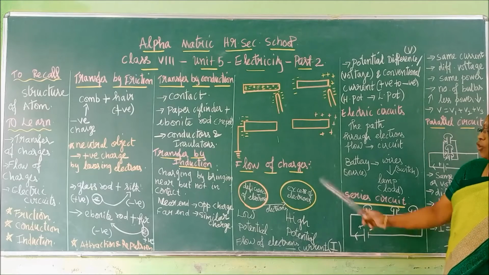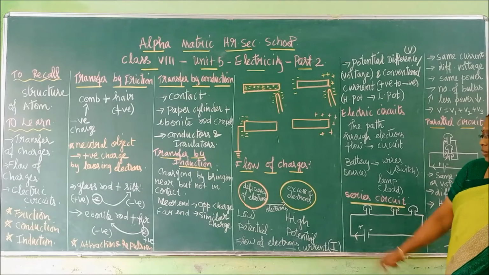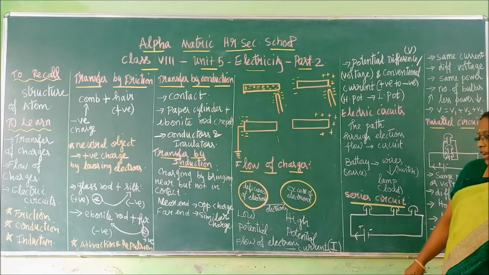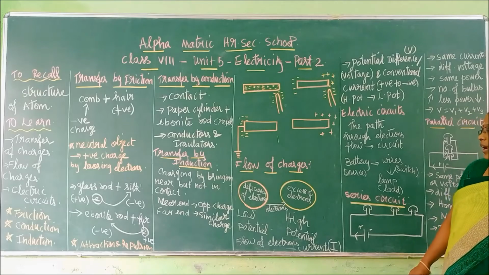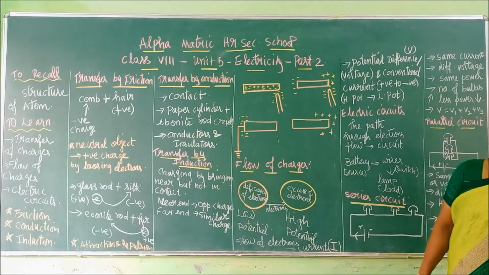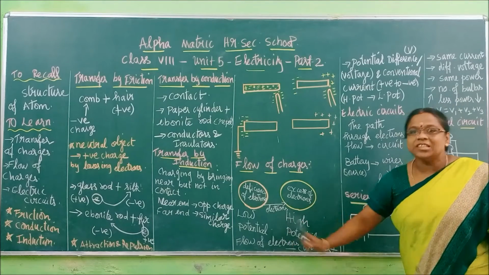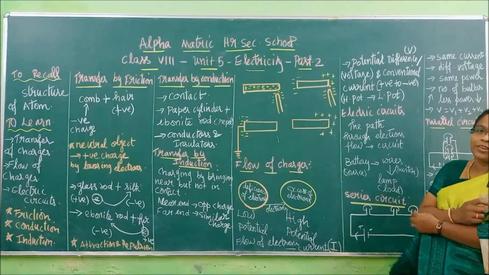Next one. Now how will the charges flow? For example, I have two bodies. One has lower potential and the other has higher potential. Lower potential means deficiency of electrons, and the other has excess of electrons.